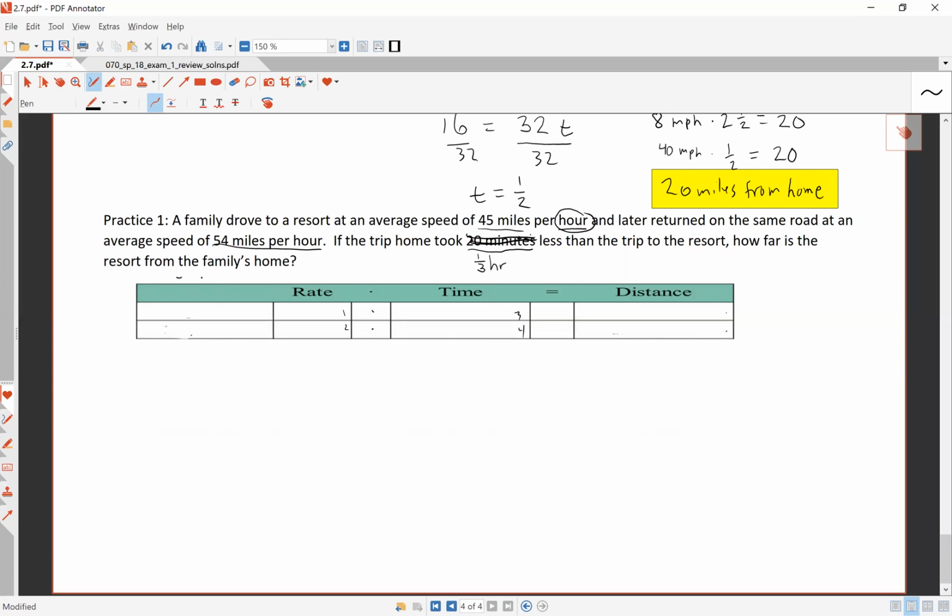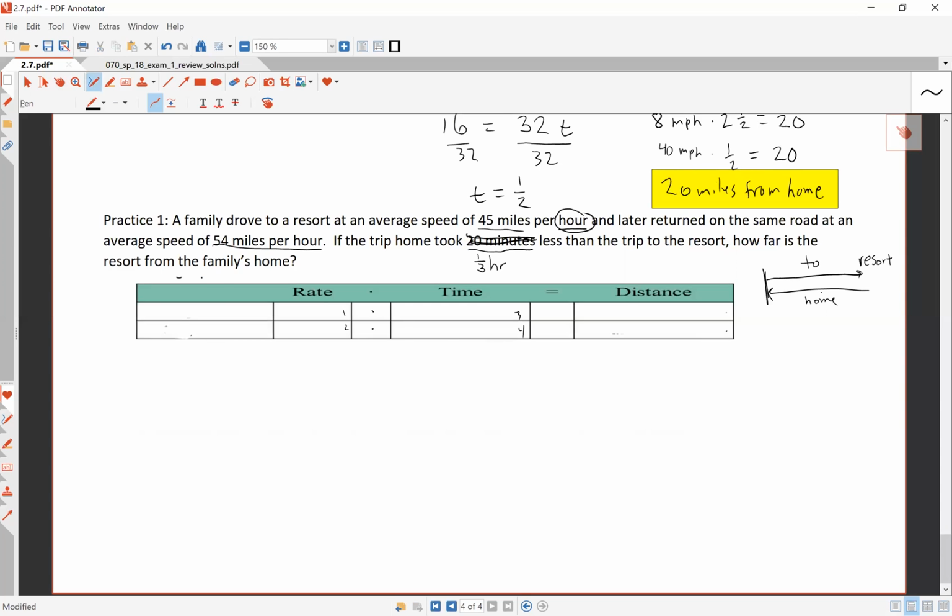All right, now that you've had a chance to work this out, we have a family that drove to the resort and later returned home on the same road.